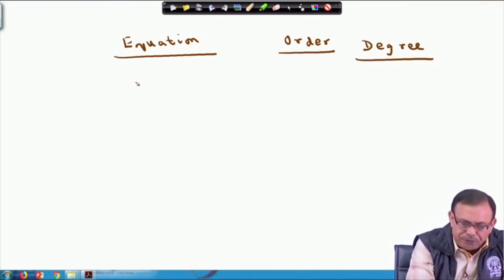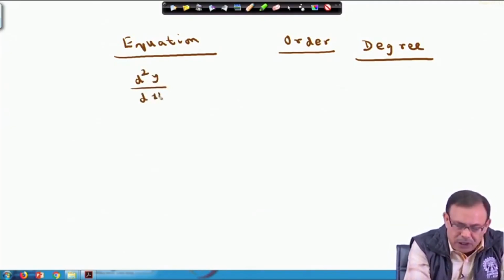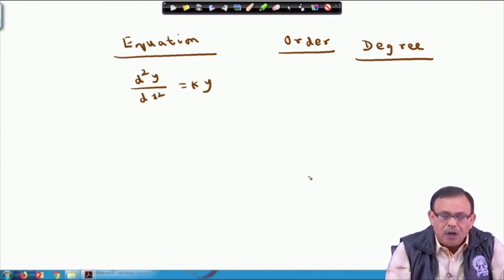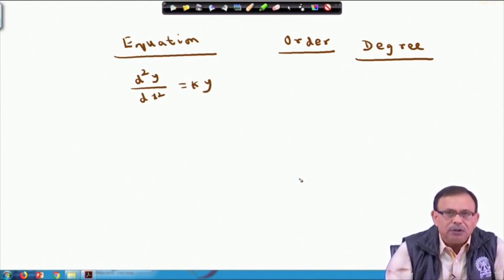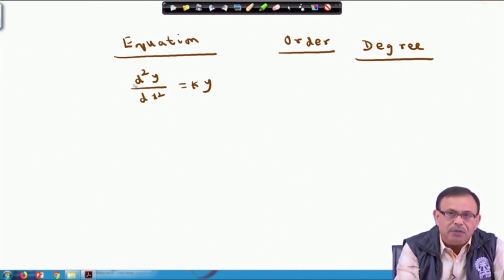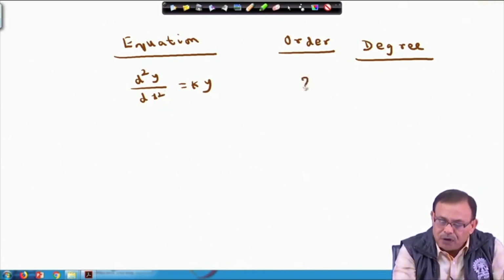So, suppose you have an equation d2y/dx square equals ky. From the definition, what is the order? Order is the highest order derivative which appears in the equation. Here the highest order derivative is second, that is d2y/dx square.